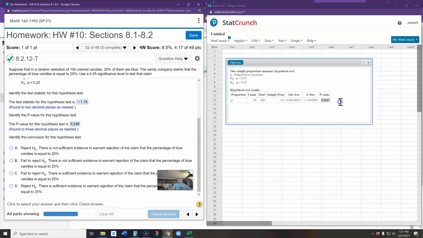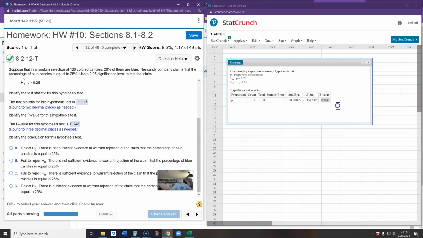So 25% likelihood of this occurring just by random chance is pretty common, but we compare that to our significance level of 5%. So the p-value would need to be below 5% for us to believe that our sample was good evidence that the null hypothesis was false.